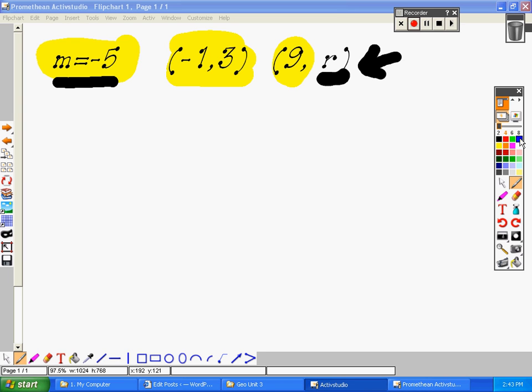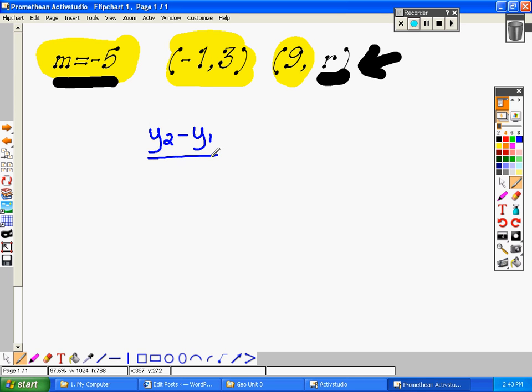First of all, we write down our slope formula. We know that y2 minus y1 over x2 minus x1 is going to give us the slope. Well, we actually know there's 5 pieces of information. We have 1, 2, 3, 4 points, and we have the slope. Well, up here, they give us pretty much every one of those pieces of information. So I'm going to go ahead and label this as point x1, as this is point y1.